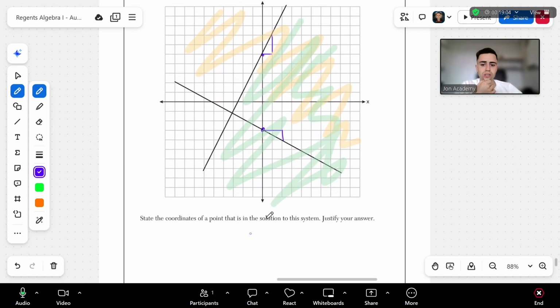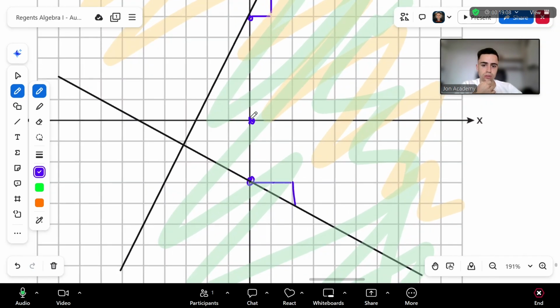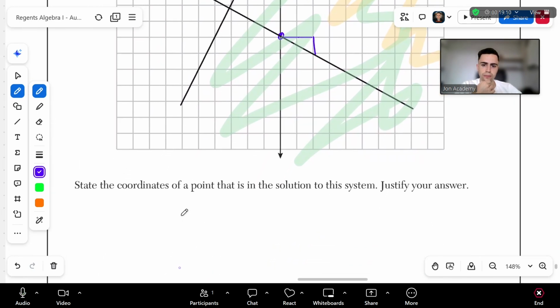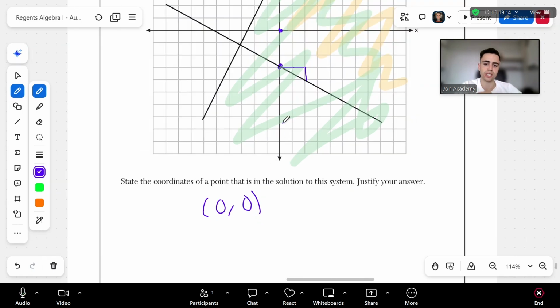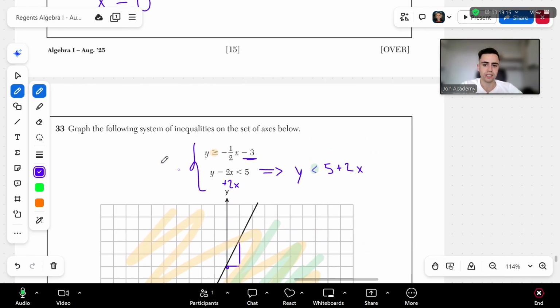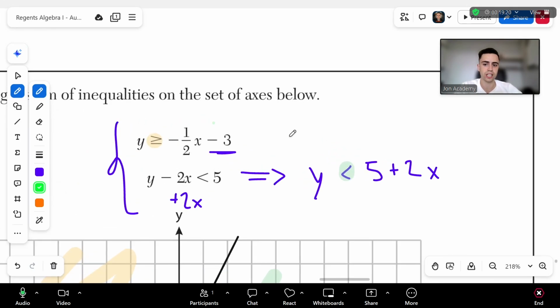State the coordinates of a point that is in the solution. We could take point 0, 0 here, for example. It is inside of that. And how can we check it really quick? We can try when x equals 0 and y equals 0 and see that both inequalities should be true. So y, 0, is greater or equal than, this is going to become just 0, because it's multiplying x, minus 3.